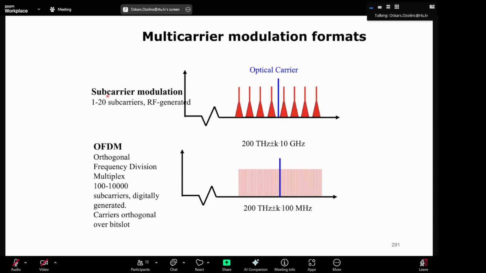Then you get into this concept of subcarrier modulation, and in this case you get 1 to 20 subcarriers, and they are RF generated. The benefit is that these subcarriers can be pulse shaped, all of them, and if you use the modulation format, then there could be less interaction between these subcarriers.